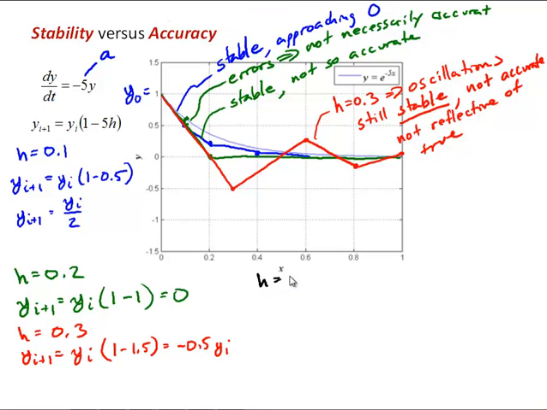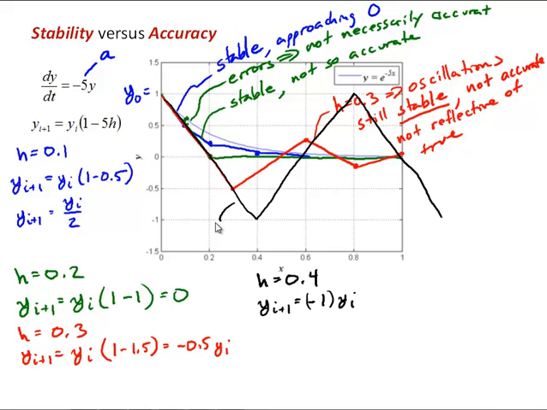Step forward again, h equals 0.4, one larger step size. Plugging that in, we'll get yi plus 1 is equal to negative 1 times yi. So our h equals 0.4 solution has even greater oscillations, basically going back and forth between 1 and negative 1.